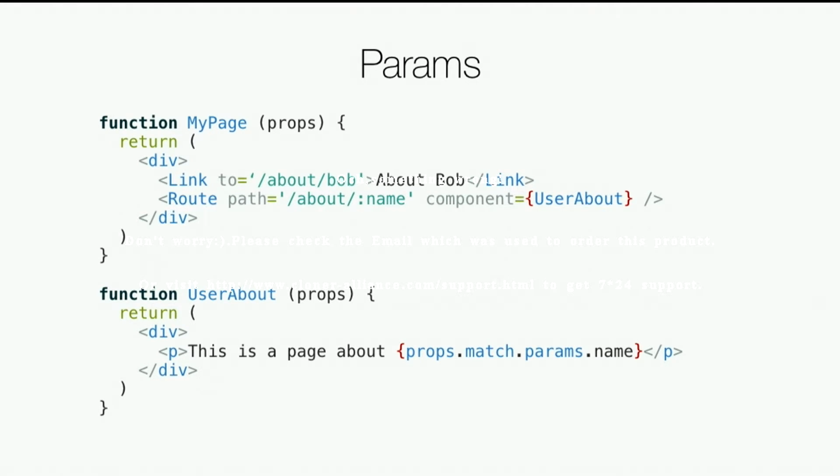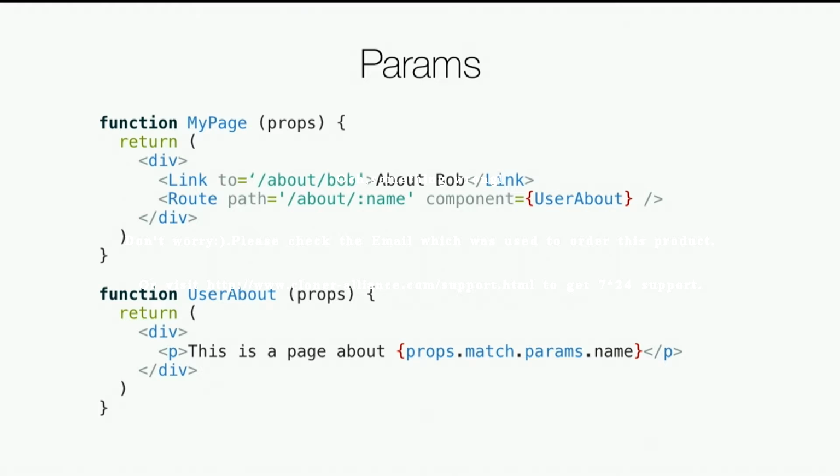Basically, it's just a named parameter to the URL. So it's just saying if we match anything that is /about and then /something else, we're just going to assign that something else to a param called name. So when we match that sort of path, then we'll render the user about component.